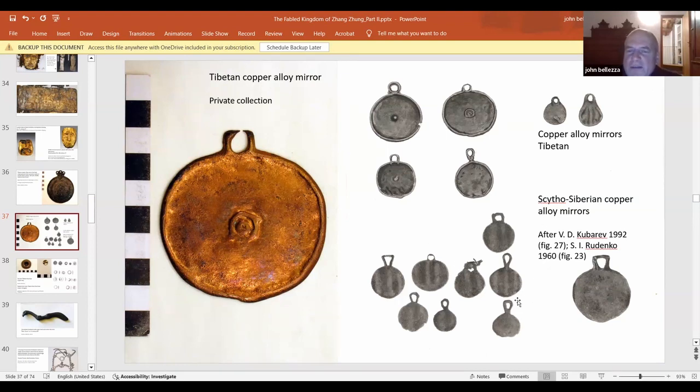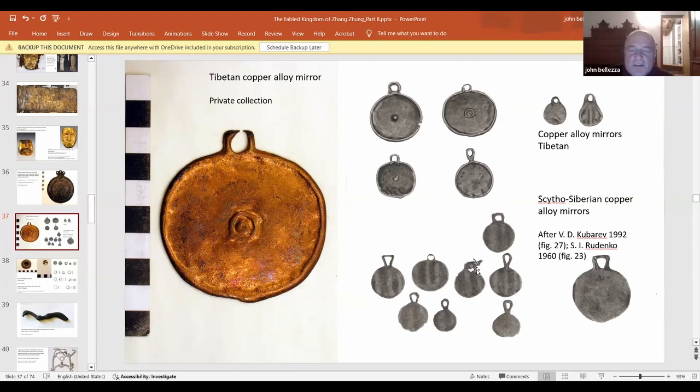We see quite similar ones, and these are often found in tombs. Some of these ancient copper alloy melong, or ritual mirrors, from Tibet were probably found in tombs too, but a lot of these ended up in the antique market, and so their provenance is not assured.